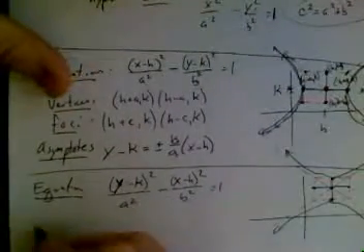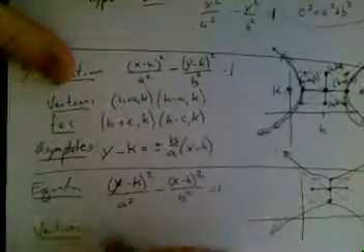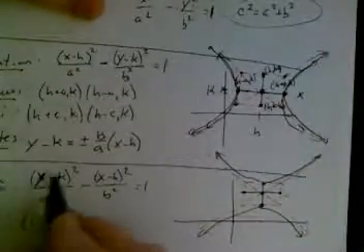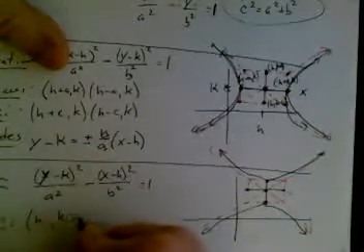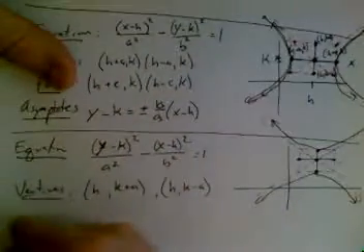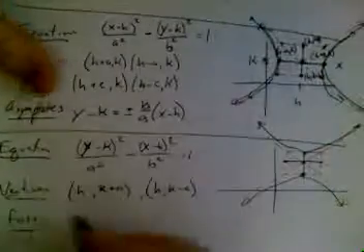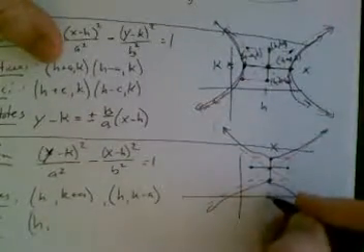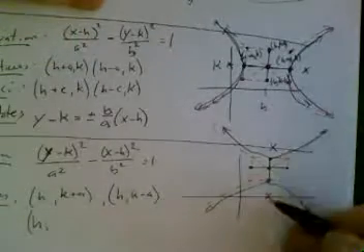This would be the graph that corresponds to this equation, where everything changes. The vertices would be h comma k plus a, or h comma k minus a, because the a value is what's under y. My foci are going to be up here somewhere and down here somewhere.